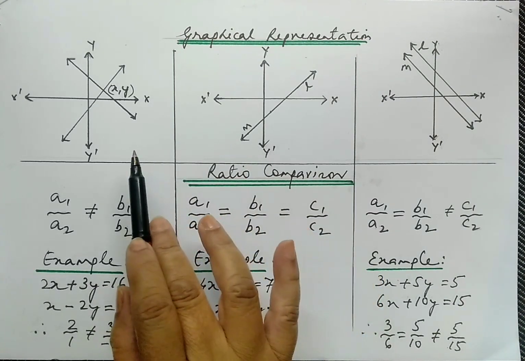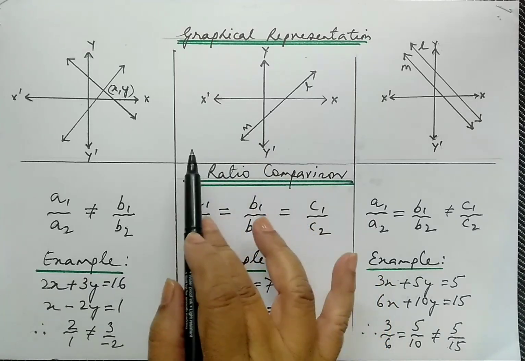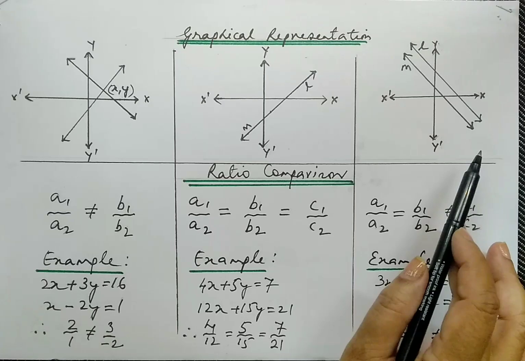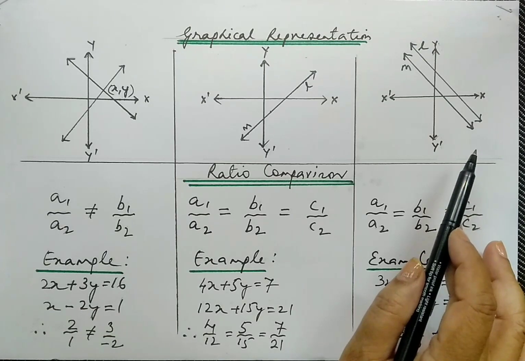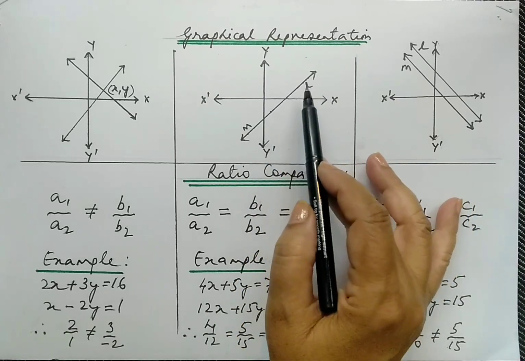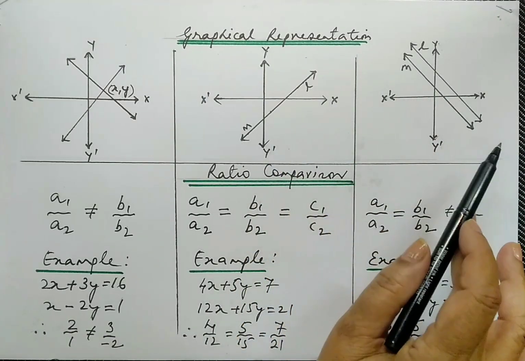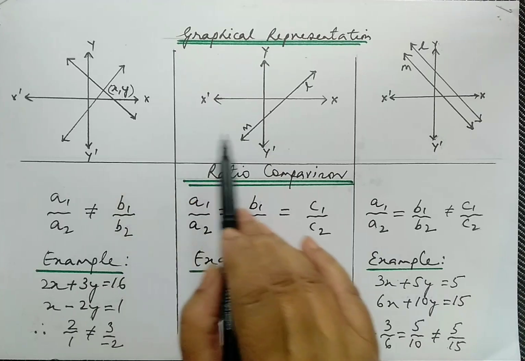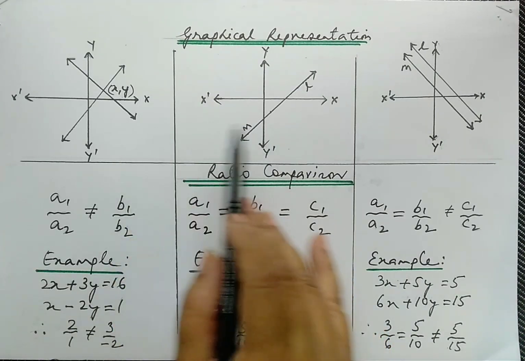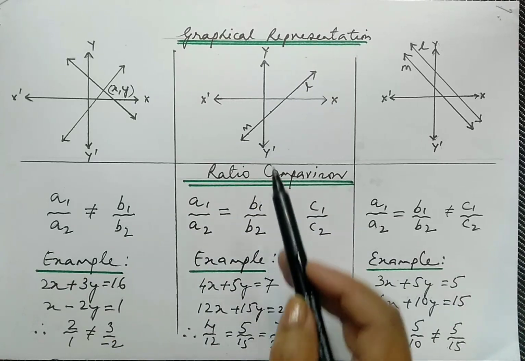They give us one solution and this does not give any solution at all. So these are intersecting lines, this is overlapping lines, and this is parallel lines. So this is consistent, at least one solution we get from them.